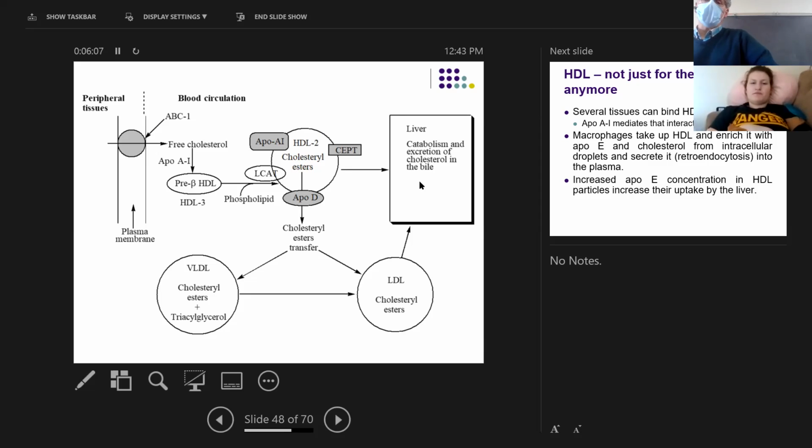This process whereby you take excess cholesterol, return it to the liver, convert it to bile salts, that's called reverse cholesterol transport.